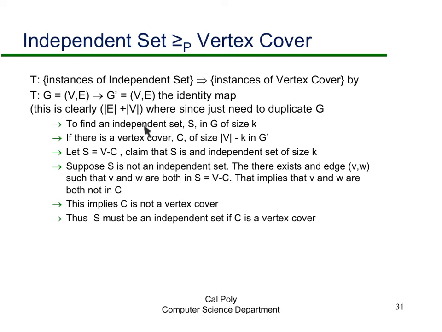So to find the independent set S in G, we'll take the graph over here, map it to the graph over here, same graph, and then we'll take the vertex cover of some size. So if we're looking for an independent set of size k, we'll look for a vertex cover of size the cardinality of V minus k. In other words, we're going to basically look at complements.